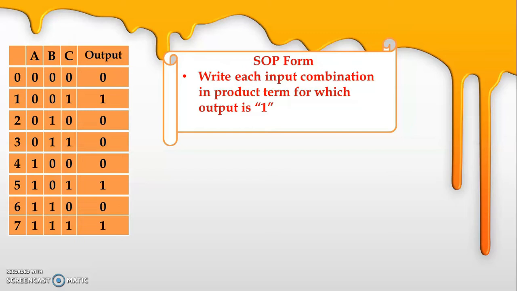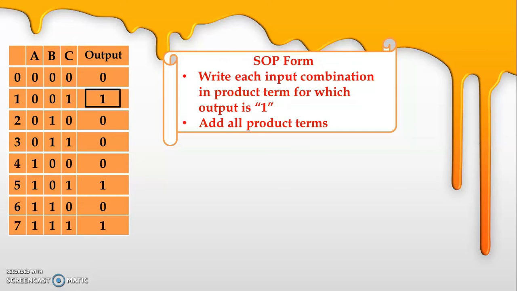For the rows where we have output 1, we write that input combination as a product term and then add all the product terms to make the SOP form, that is, sum of products. So first we identify the products and then we add, so we get the SOP form.